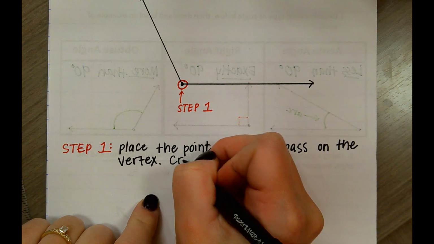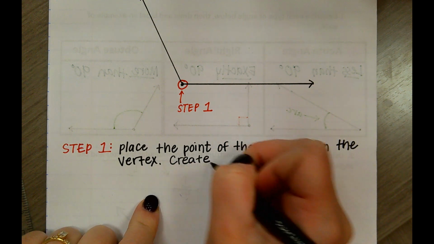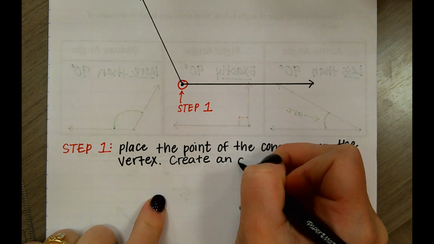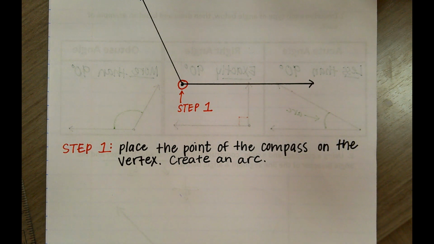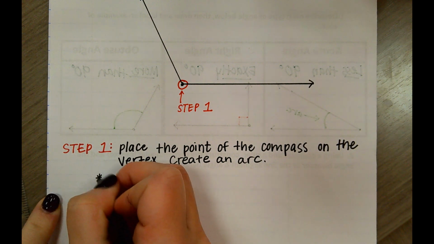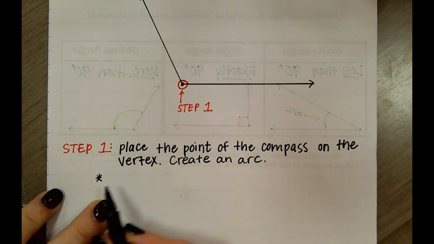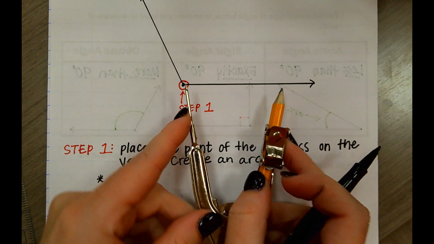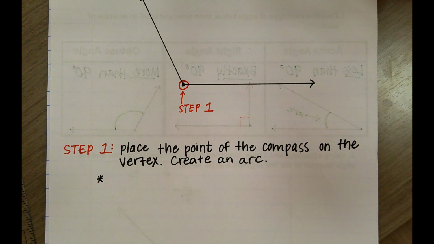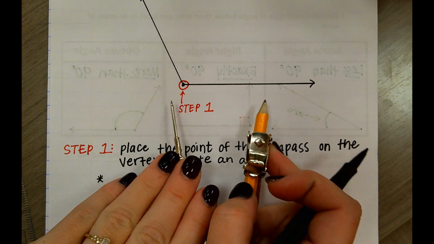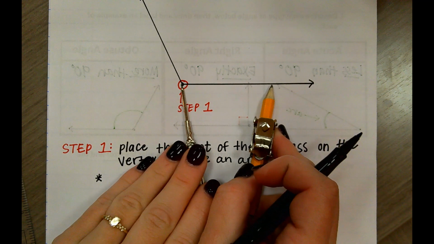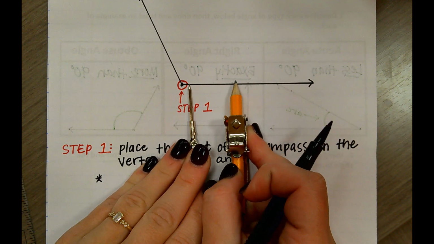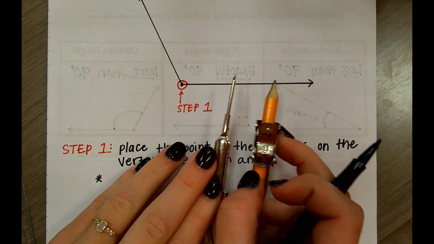And we're going to create an arc. Now you can also make a note that says compass opening should be less than half of the side. So in the perpendicular bisector, we wanted it to be open more than half. This time, we're going to try to make it a little bit less than half. We want a smaller arc.